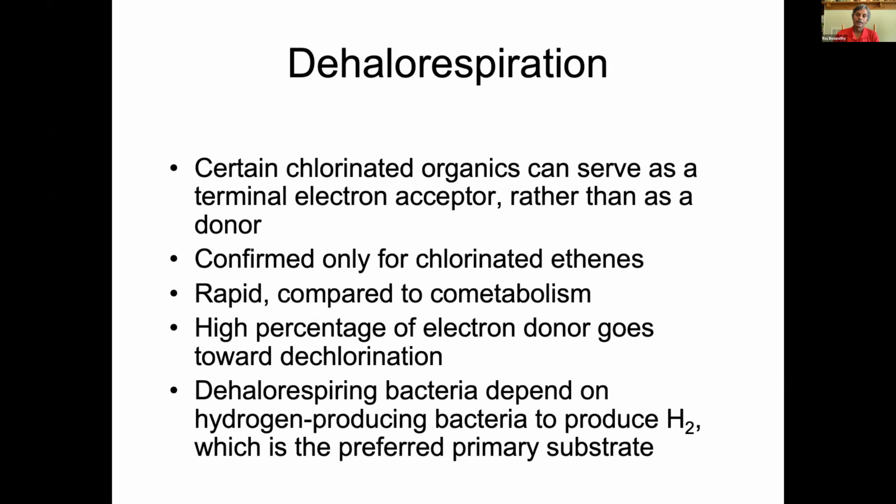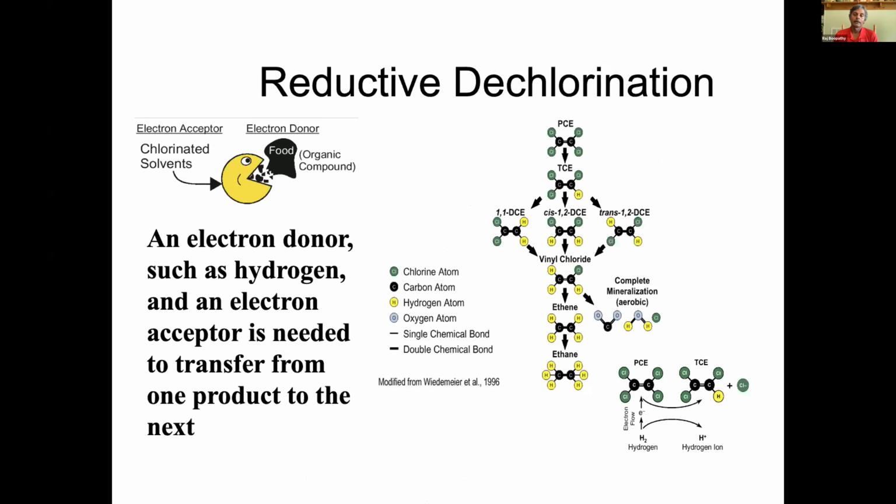That is the dehalorespiration process. So here is an example of how perchloroethylene, which has 4 chlorines in its structure, bacteria could use as an electron acceptor. If you look at this sequence of events, bacteria are substituting 1 chlorine and reducing them with a hydrogen.